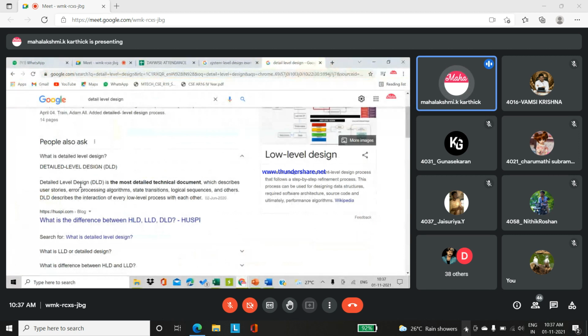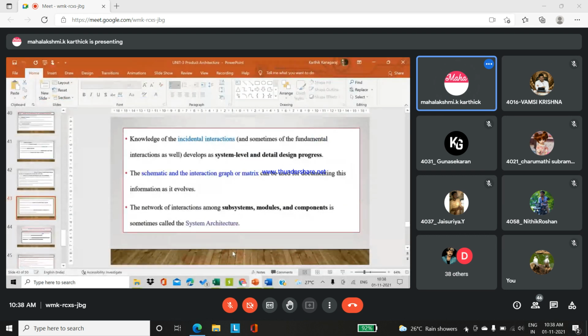So detailed design, which tells about the incidental interactions, describes the technical document which describes the user stores, error process algorithm, state transition, ஒரு chunk to another chunk ரிலேட் ஆகும்போது என்ன டைப் ஆஃப் டிரான்சிஷன் நடக்குது, லாஜிக்கல் சீக்வன்ஸ், அதர்ஸ். ஓகே, இட்ஸ் a major difference.